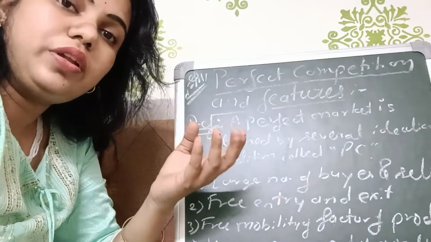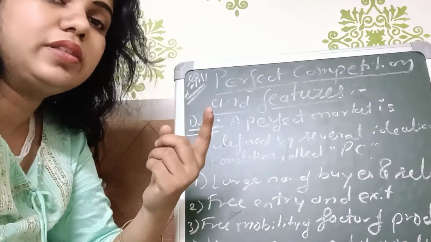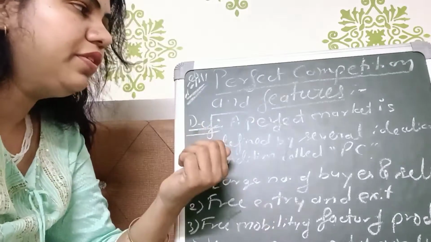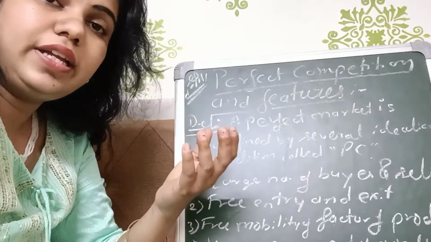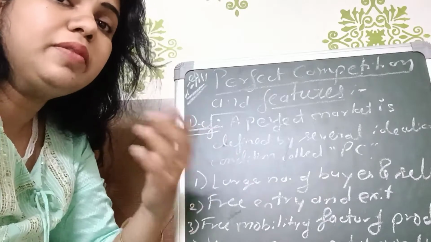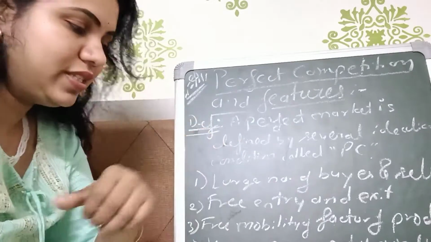In monopoly, for example, what happens? A single seller and many buyers, we don't have any options. But in perfect competition, the seller gets many options to sell the product, as well as customers get many options to buy the product. So it's a very simple definition.